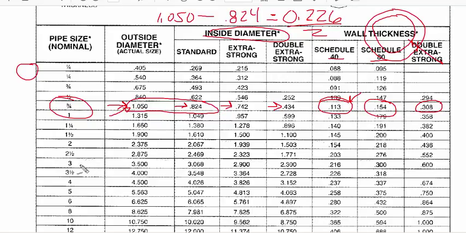Let's take a look at a 3-inch pipe. Actually, let's take a look at a 6-inch pipe. This is one that is commonly used for columns because they're nice and big and bold. So here we have our actual outside diameter, 6.625. You're going to find that in certain sizes, they start to switch direction.